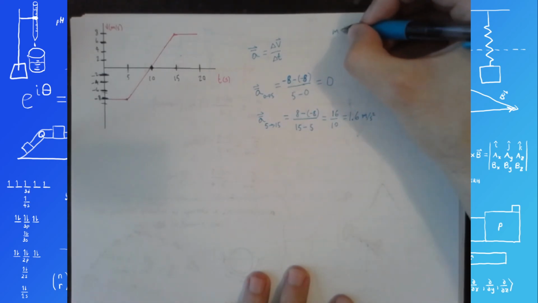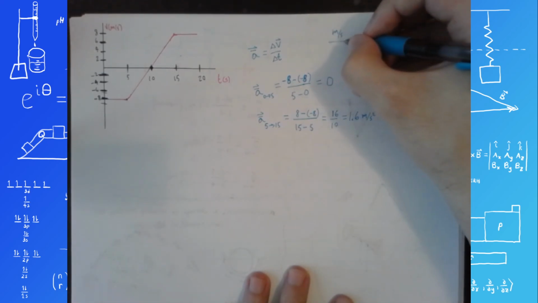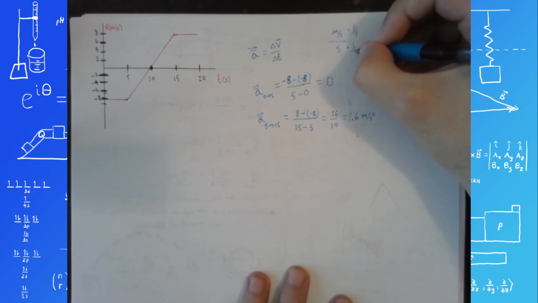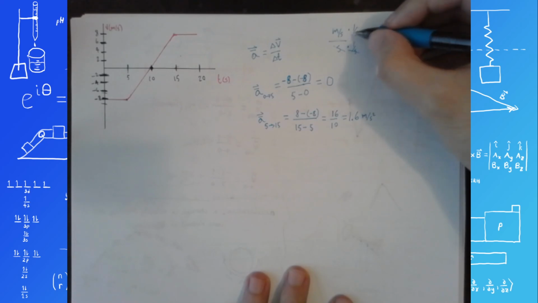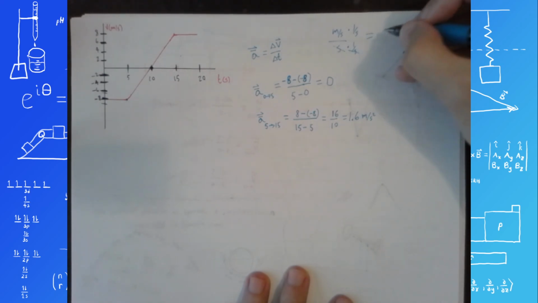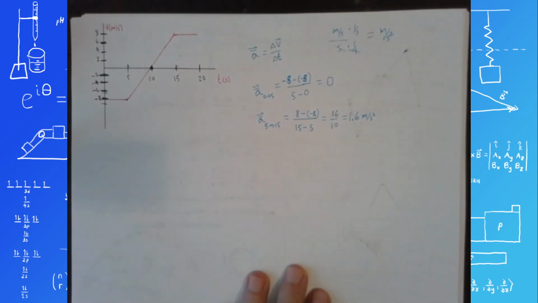If I do meters per second, which is the units of velocity divided by seconds, then I can just multiply by 1 over a second on the top and bottom. Seconds times 1 over seconds reduces and cancels to a 1, and then you get meters times 1 over seconds times seconds equals meters over seconds squared.